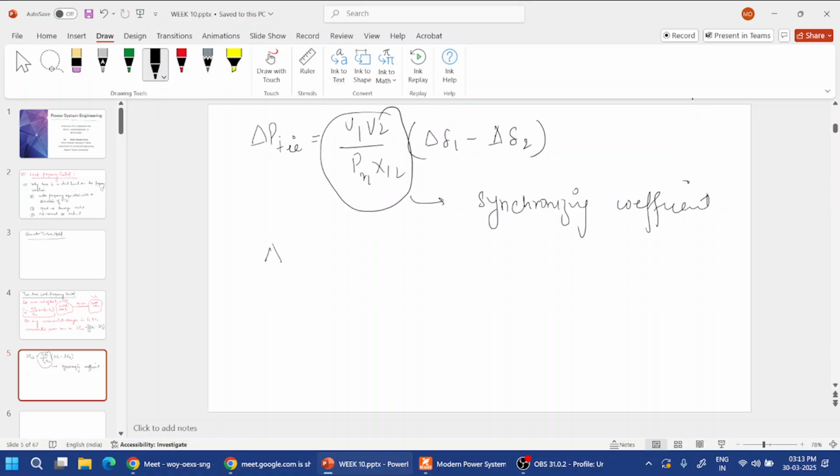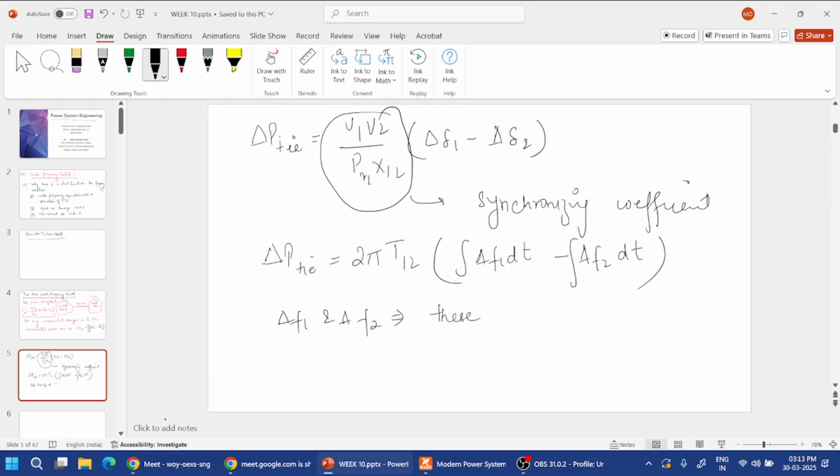So we can say that del P tie is equal to T12 times the integration of the change in frequency in area 1 minus the integration of the change in frequency in area 2, with respect to time. What are these del f1 and del f2?